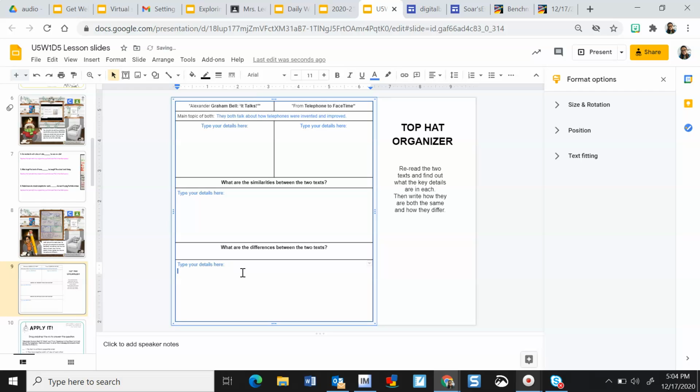So a good sentence starter would be, in Alexander Graham Bell, It Talks, it says, and then you fill out the sentence, but in From Telephone to FaceTime, it says something that's completely opposite or not the same as Alexander Graham Bell.